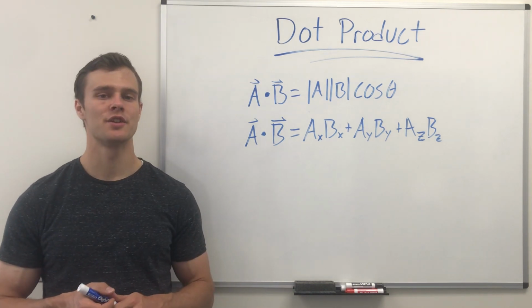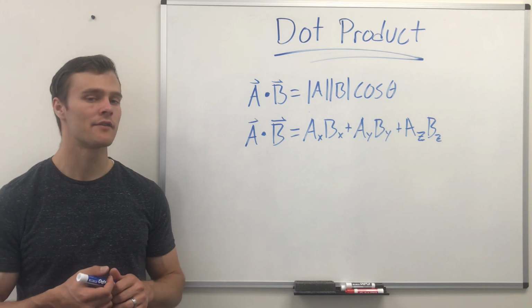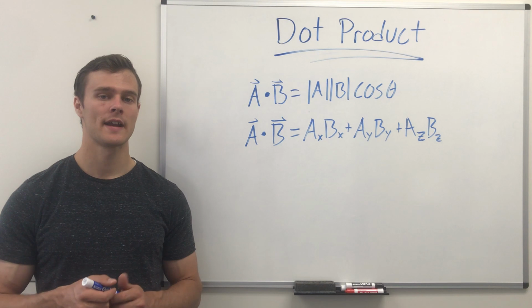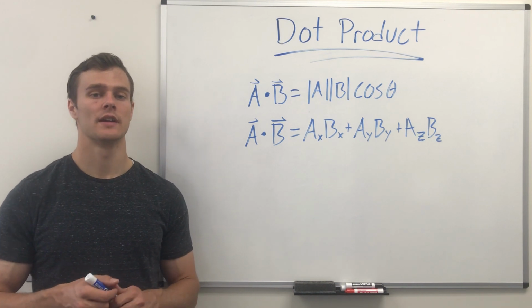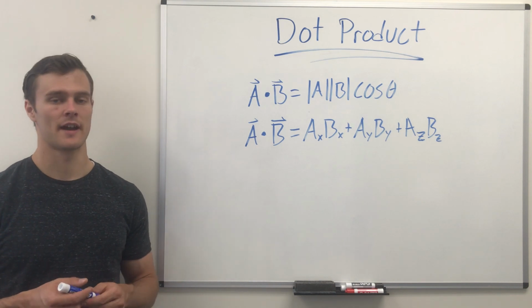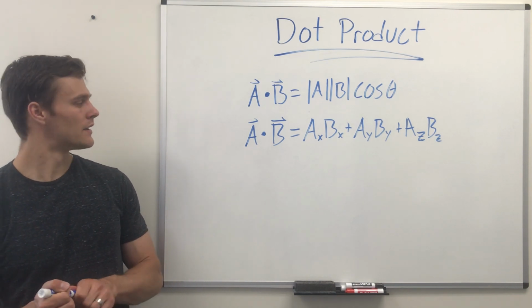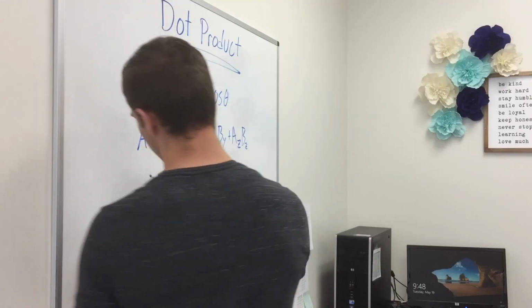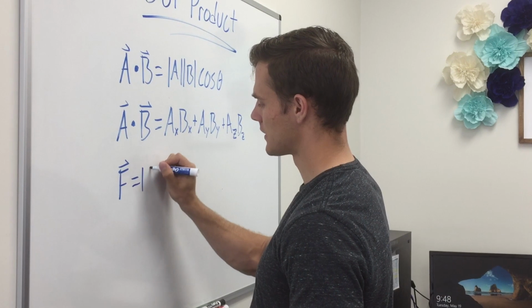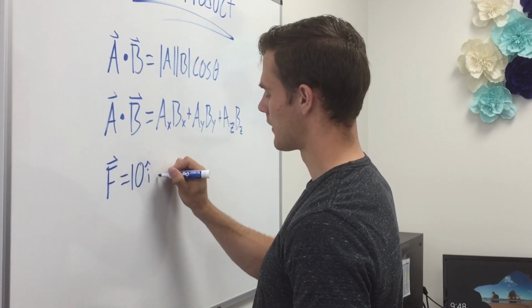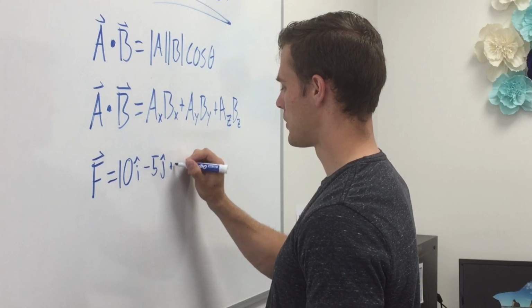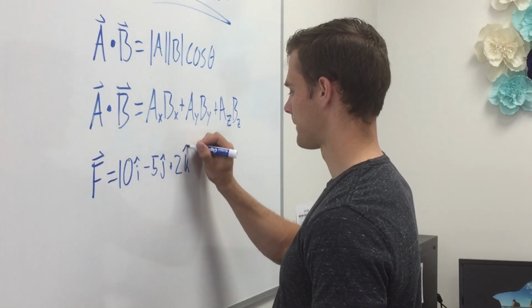Another interesting use of the dot product is that if we multiply a vector by a unit vector, we can find how far that vector is going in the direction of the unit vector, which is kind of what we did just barely in the explanation of what a dot product was. But let's say we have a vector f, and vector f equals 10i minus 5j plus 2k.